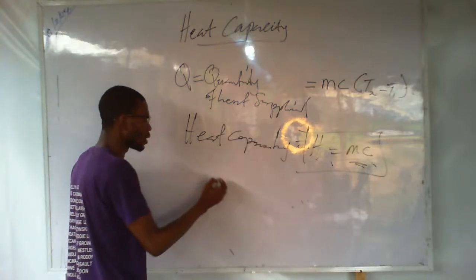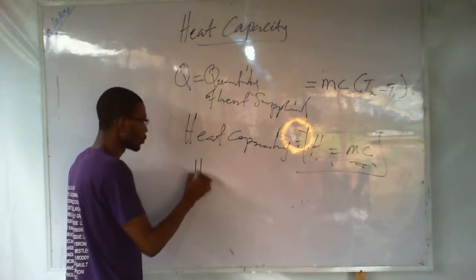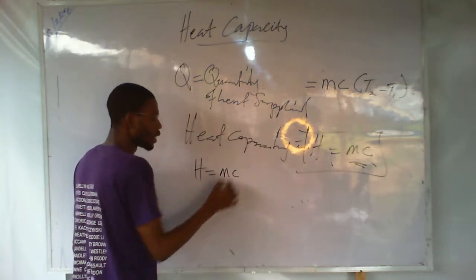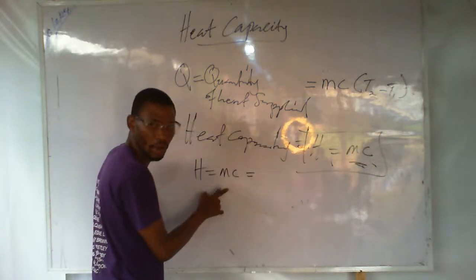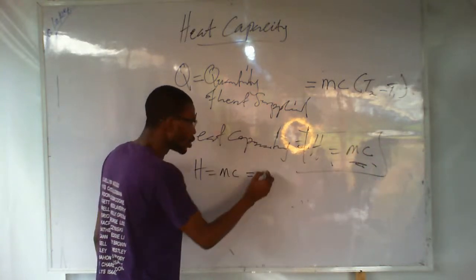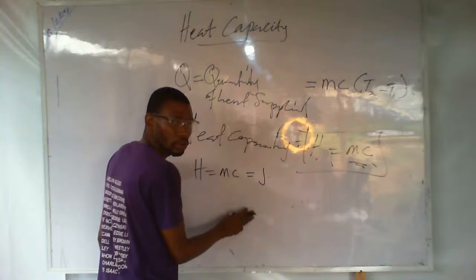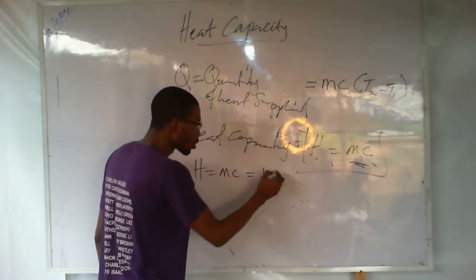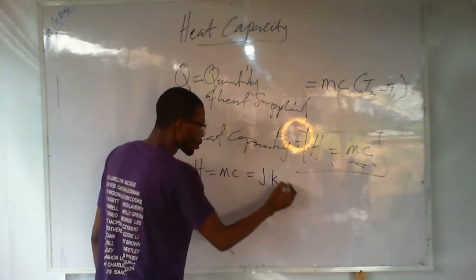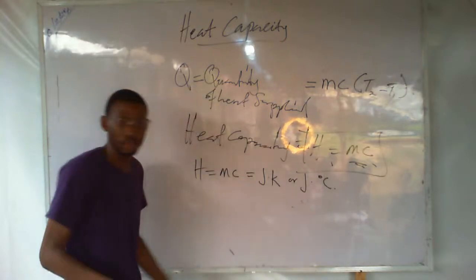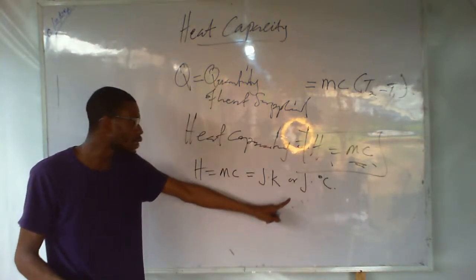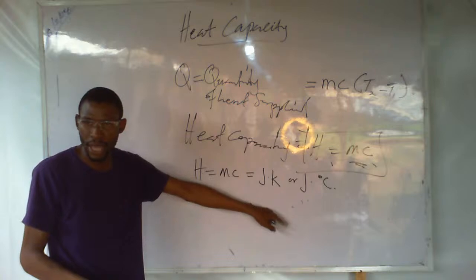Our heat capacity, which is MC, is measured in joule per Kelvin, or joule per degree Celsius.